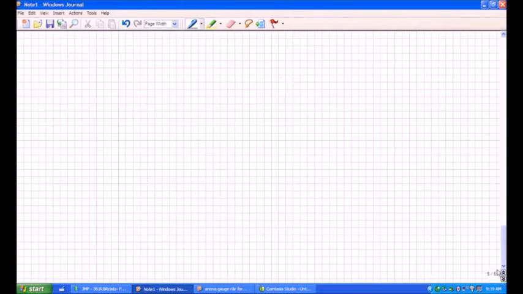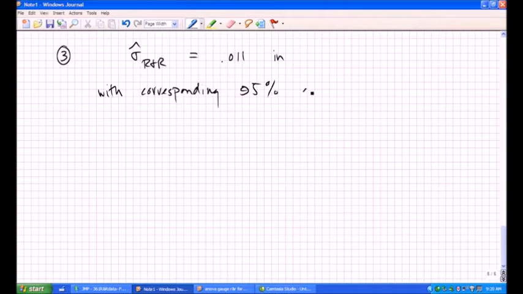And finally, if one takes the formulas for R and R, one gets an estimate that is 0.011 inch, okay, for this combination of repeatability and reproducibility, and with corresponding 95% confidence limits that run from 0.0073 inches to 0.0224 inches.